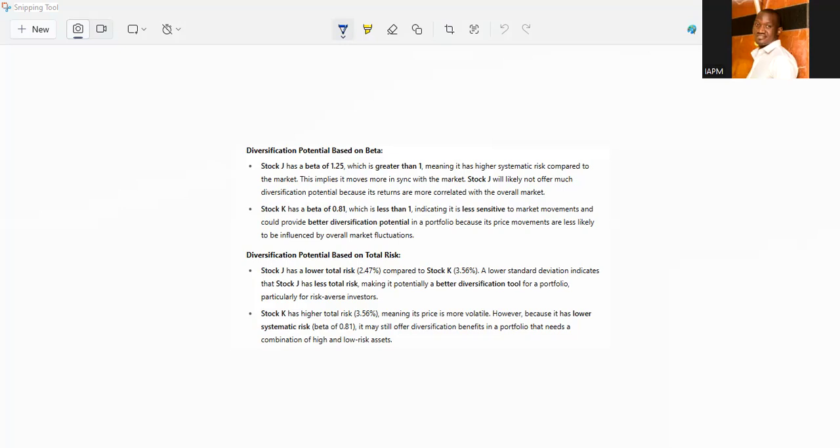Even though it has a higher total risk, its lower beta compensates in terms of diversification potential. So stock K has better diversification potential than stock J, primarily due to the lower beta and lower correlation with the market. It's about analyzing what information we have. So, 20 marks, is that clear?